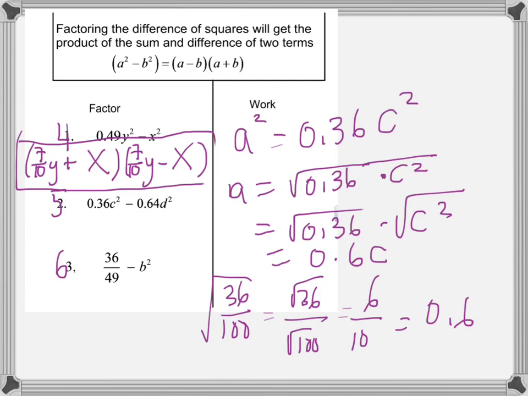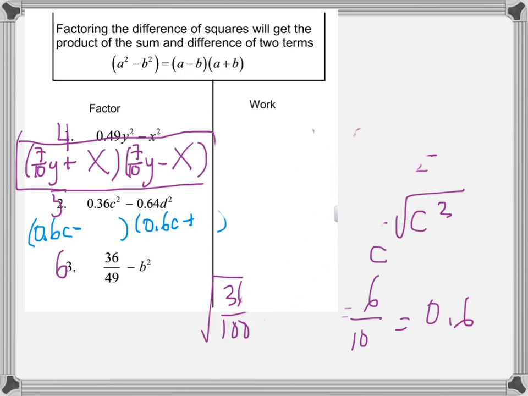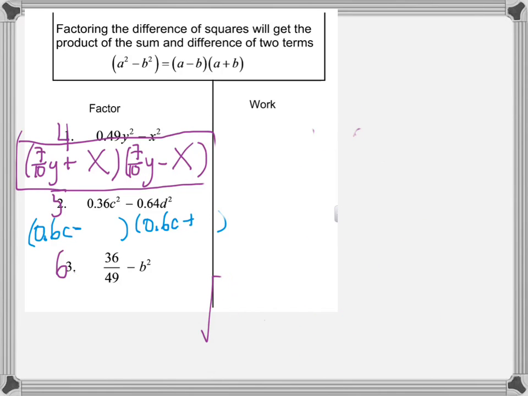So here, let me write it in another color here. This will be 0.6 c minus something, and 0.6 c plus something. And so our next one is similar to our one before, where you have a coefficient that's a decimal.